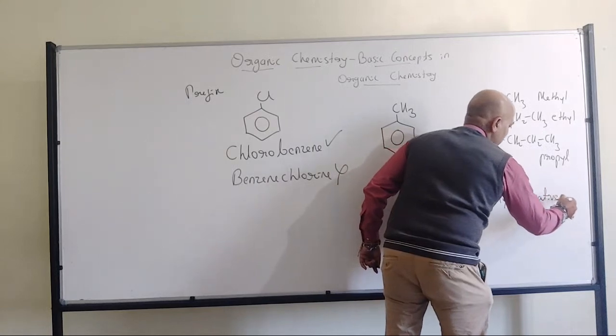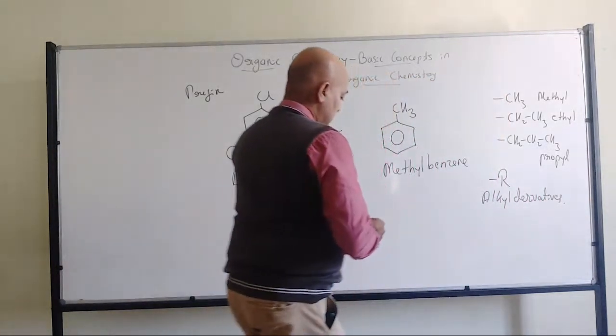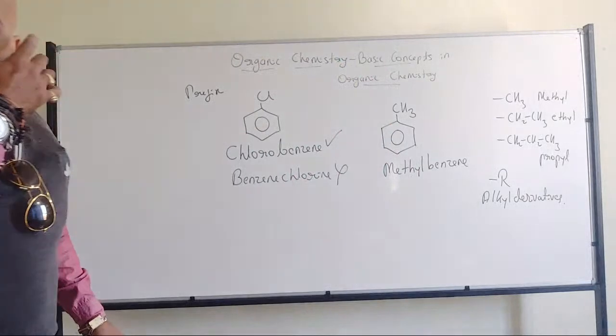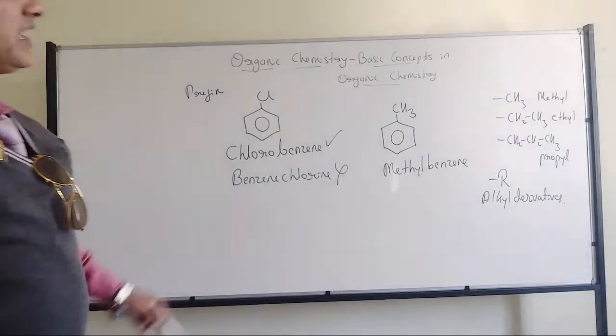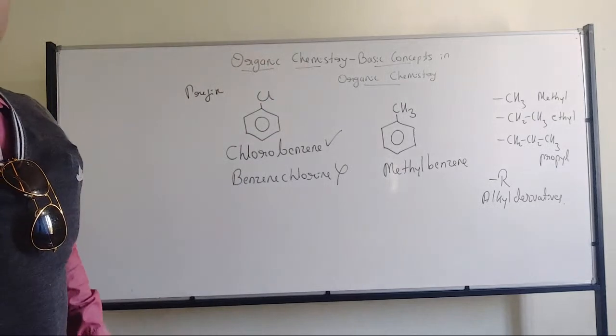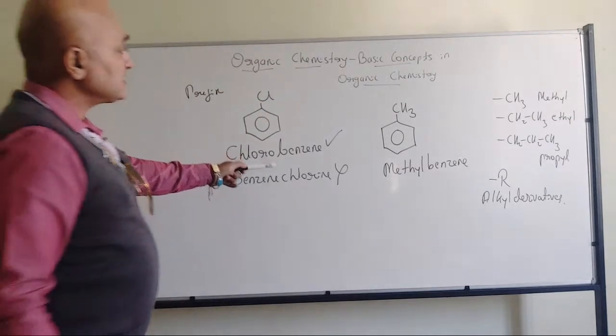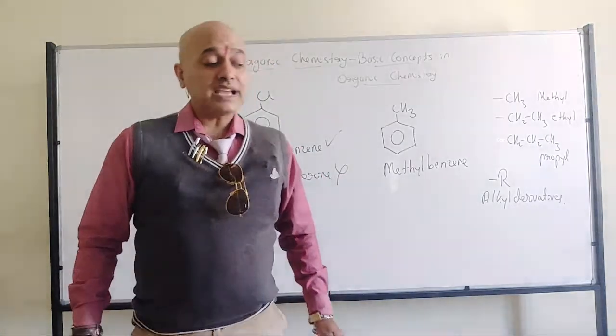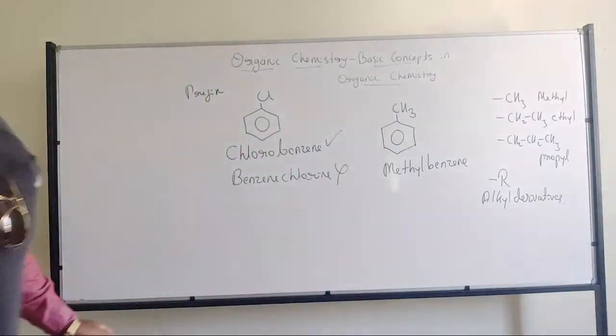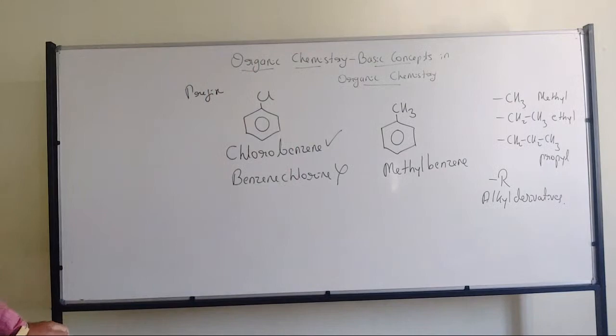Try to understand all these things properly, and it will be easy for you to name the molecule in IUPAC naming. Even alkyl derivatives will be used as a prefix. All of you have understood? Any doubts?